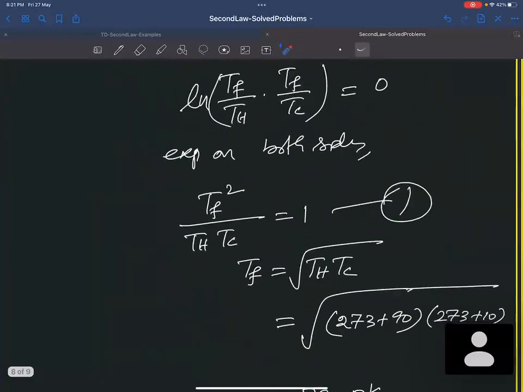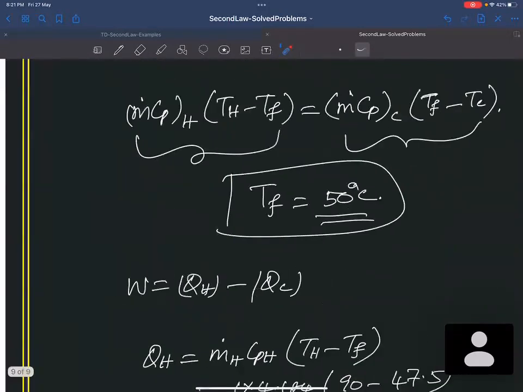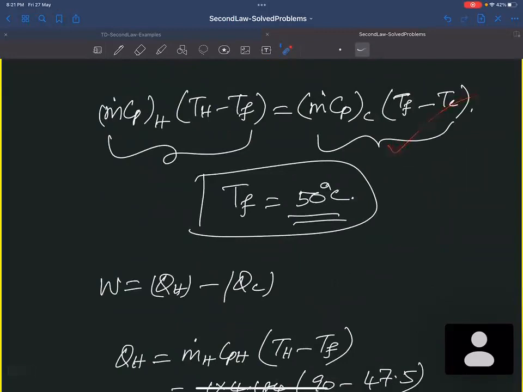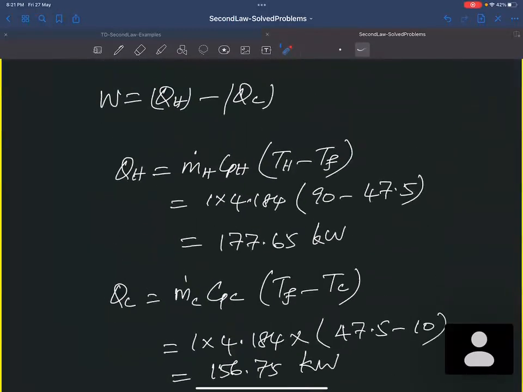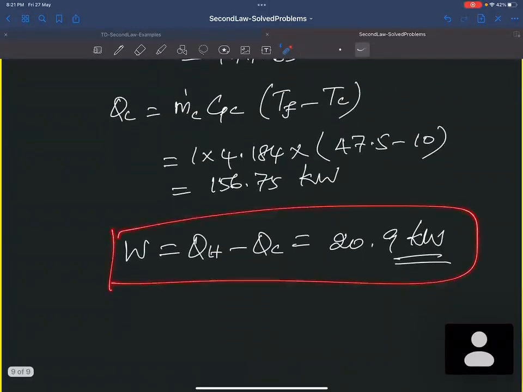This TF is found to be lesser than the value if you simply mix the two streams, where the temperature comes as 50 degrees Celsius for this data. And QH and QC you can evaluate based on the temperature differences, from which we can get this W.